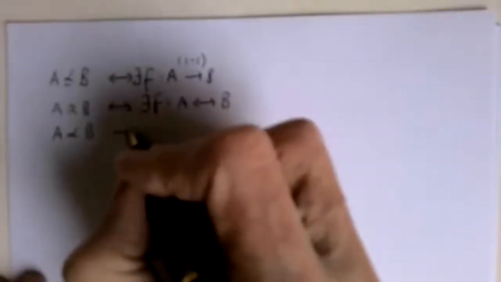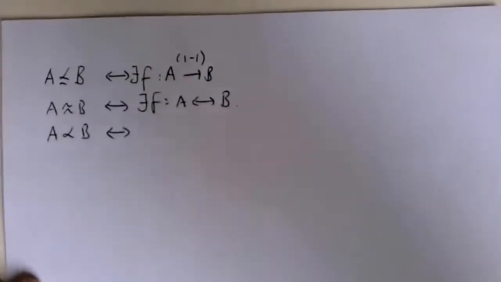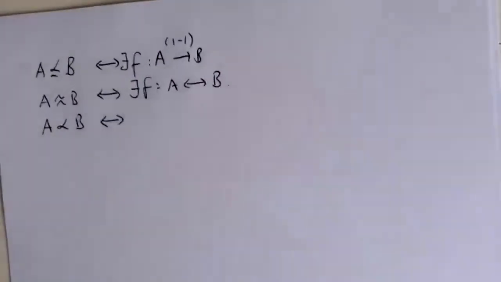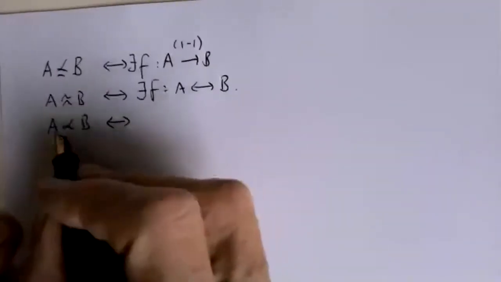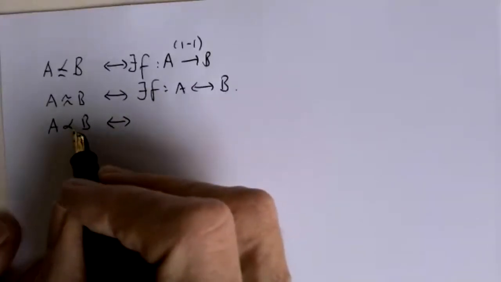This says there's a bijection between them. And this is saying that I can inject A into B, but not vice versa.